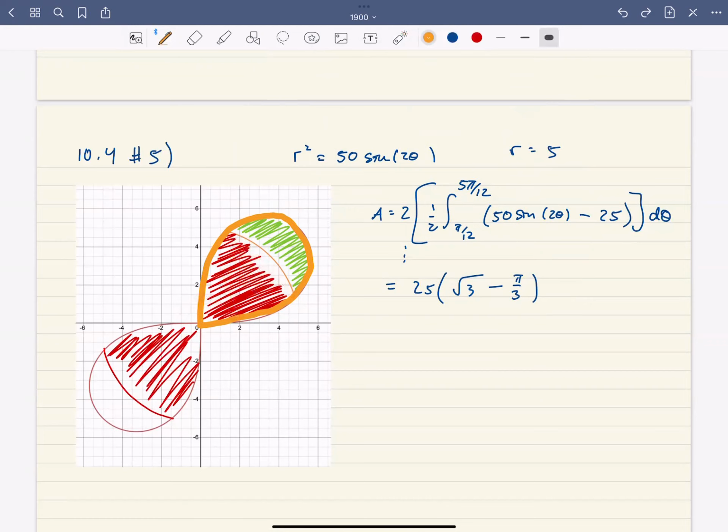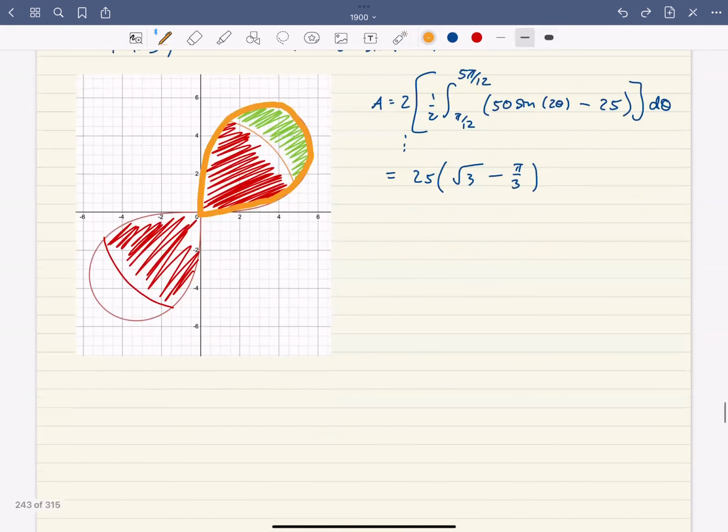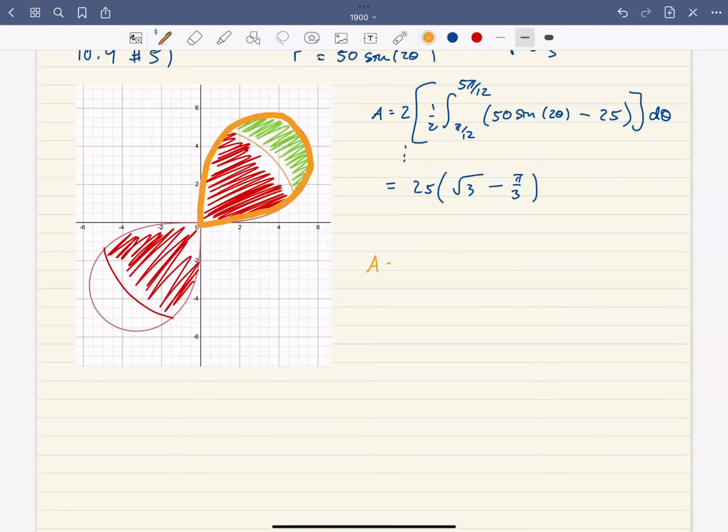So let's find the area enclosed in one of these leaves here. And then again, I'll double it because by symmetry, we're looking for this area plus this area. So let's double it. And then the area is going to be 1/2 the integral. We're going to have 50 sine 2 theta, and that's our r squared already.